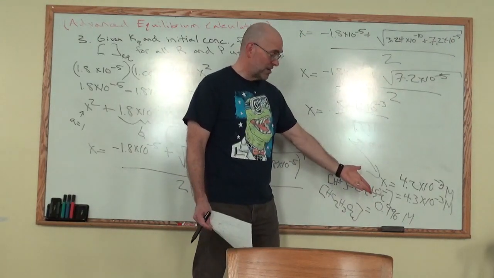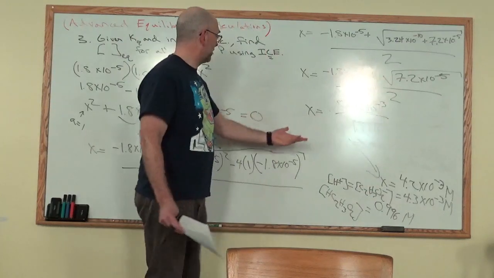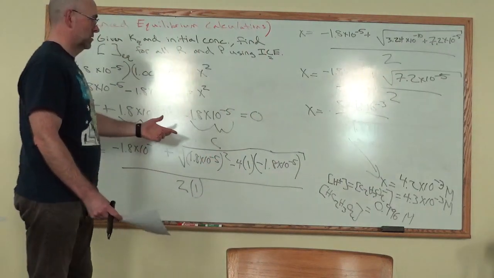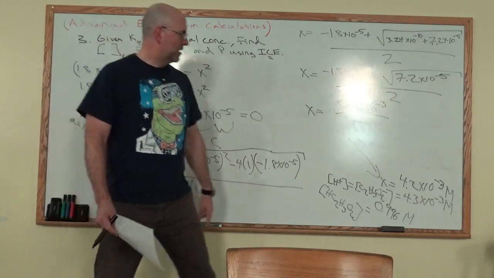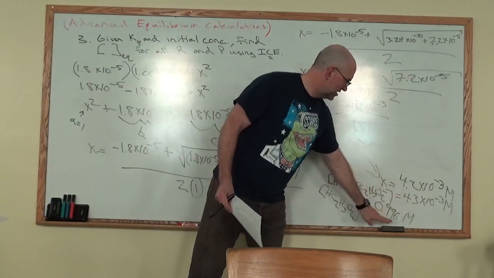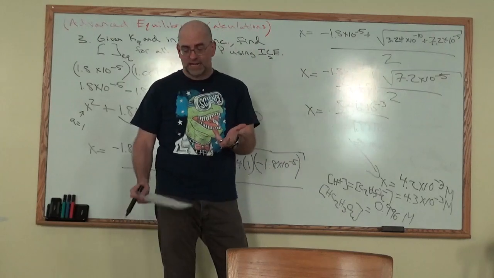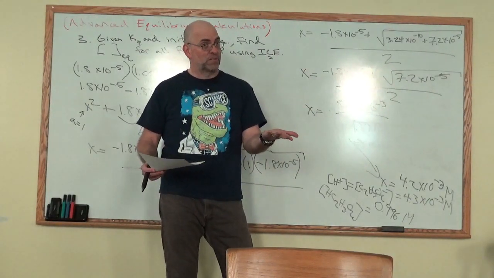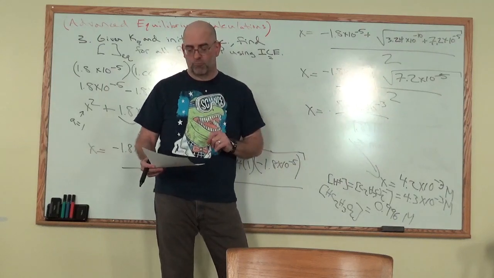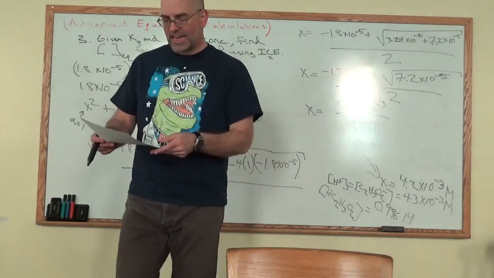So recalculate your K, and does it in fact equal 1.8 times 10 to the minus 5? So does this squared divided by this equal 1.8 times 10 to the minus 5? It should. It should be really close. That way you know you did the problem right. And that's a weak acid.